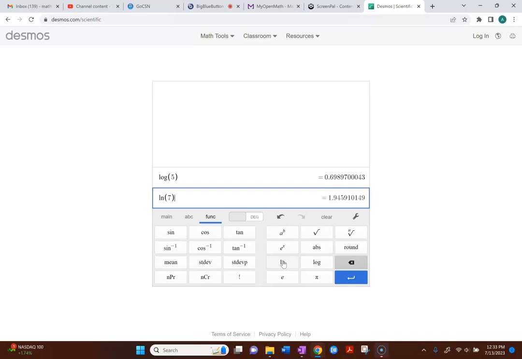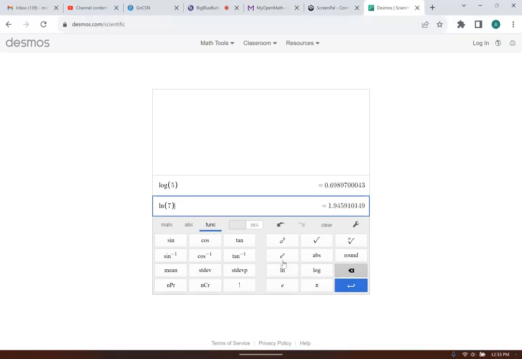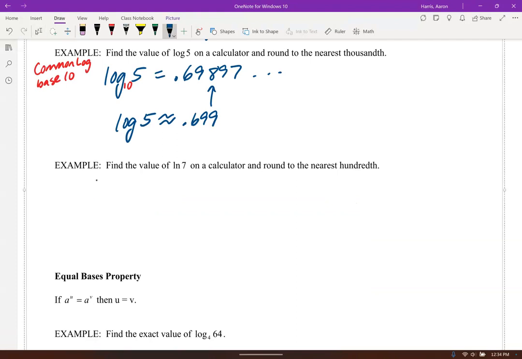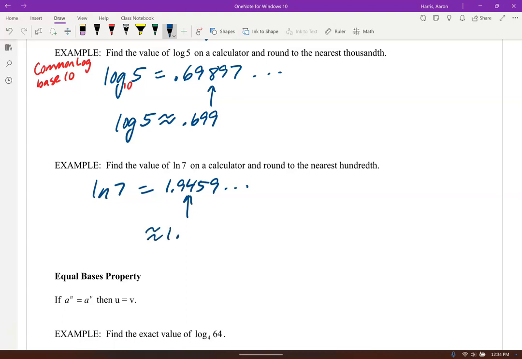So 1.9459. And we're going to round to the nearest hundredth this time. So right there, 100th position. So 1.95 is what the natural log of 7 is.